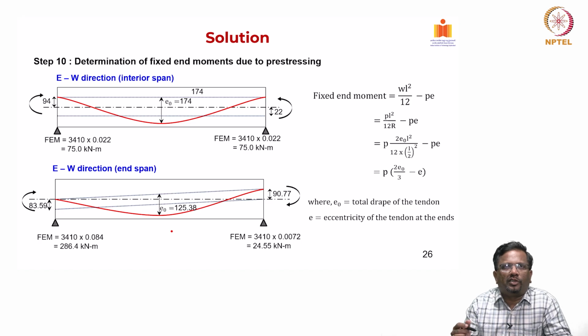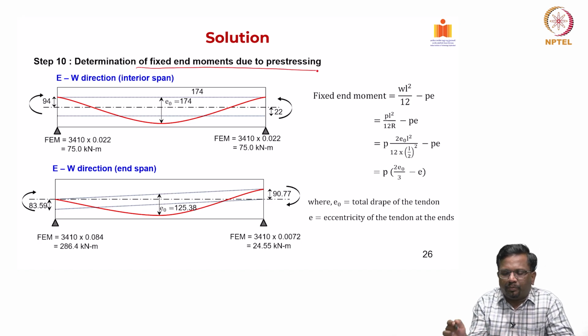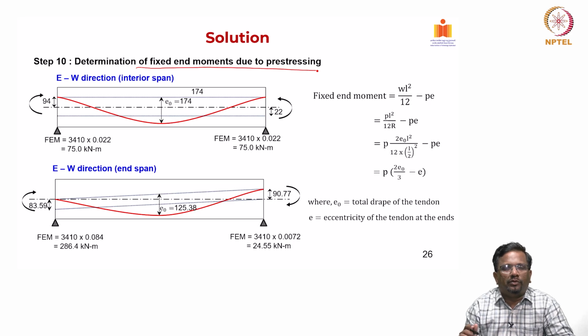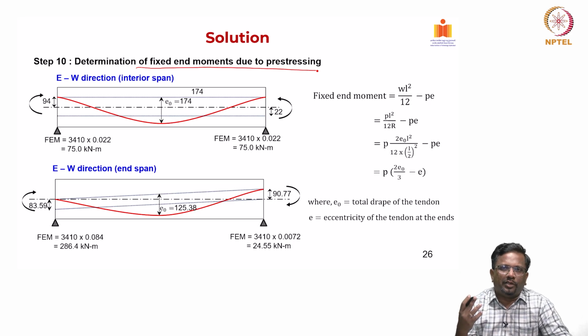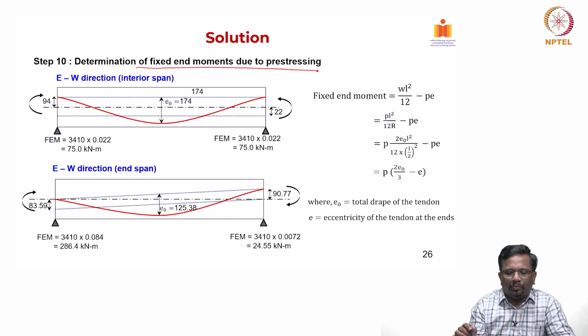Okay, let us move on to step 10, which is basically the determination of the fixed end moments due to pre-stressing, right. So, as you know, after estimation of your stiffness properties and then finding out the carryover and distribution factors, the next important thing is to find out the fixed end moments, right. Now, the fixed end moment here is due to pre-stressing.